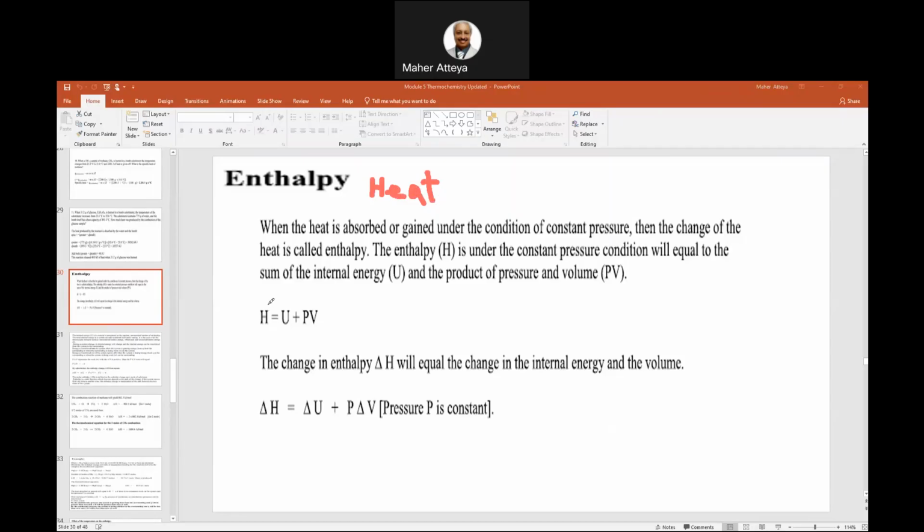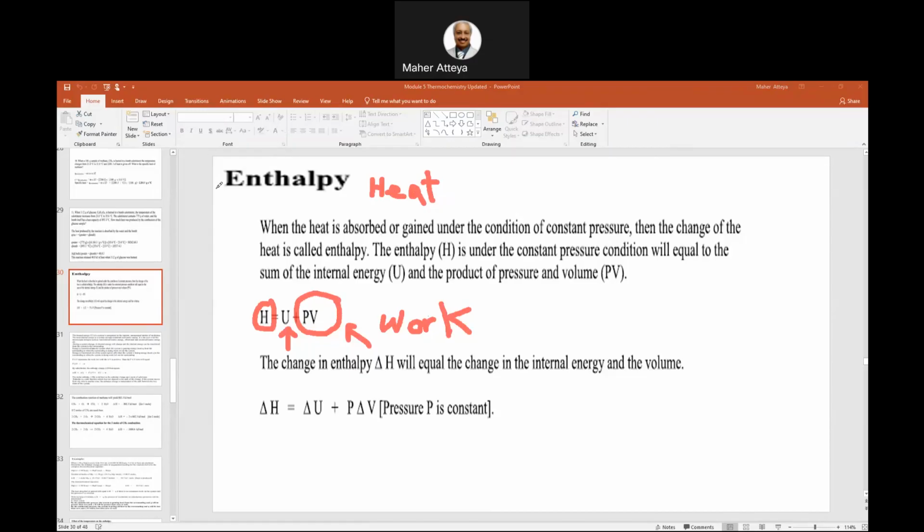So heat is the sum of internal energy plus work. This is called work. So that's the impact of the energy. When you look at the whole picture, U is the internal energy plus PV.